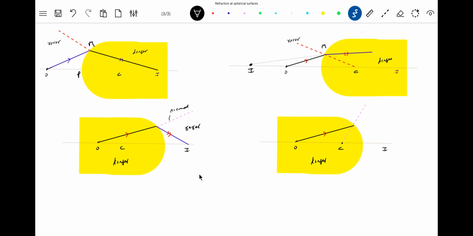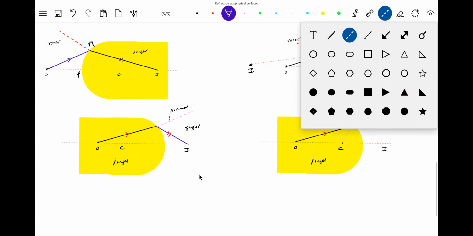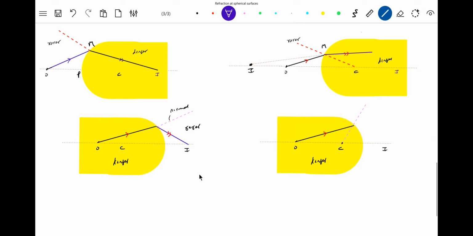Now the ray is moving from rarer to denser. It should bend away from the normal. Okay, then, a slight correction, I'll make it.